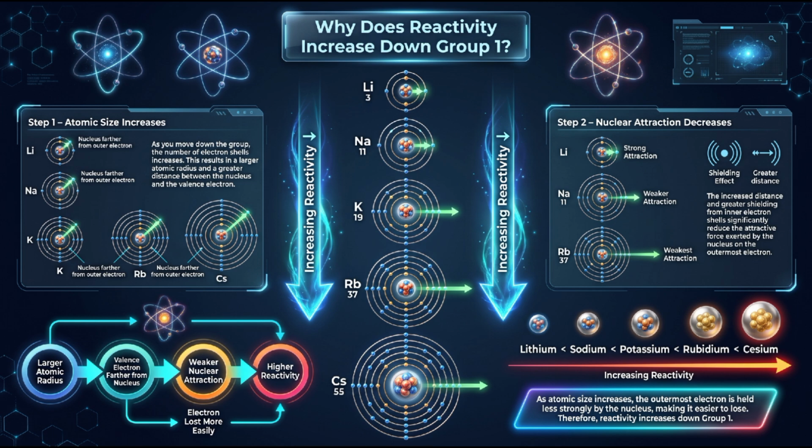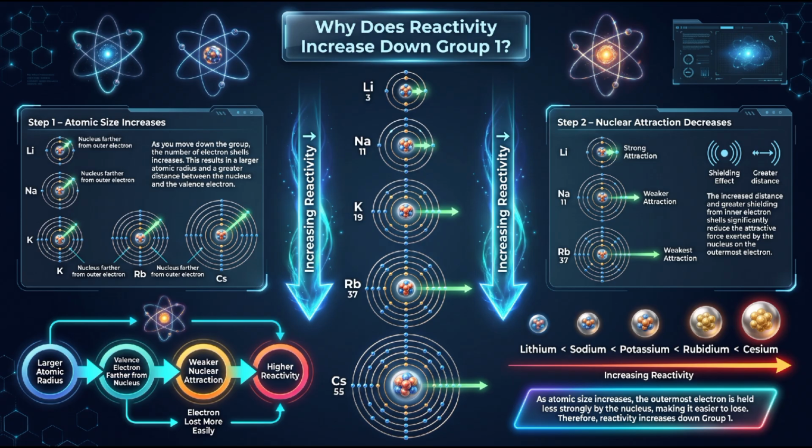The image explains that greater distance together with stronger shielding significantly reduces the attractive force exerted by the nucleus on the outermost electron. Although the nucleus contains more protons, the shielding produced by the inner electrons prevents most of this increased positive charge from reaching the outermost electron effectively. As a result, the effective nuclear attraction decreases.